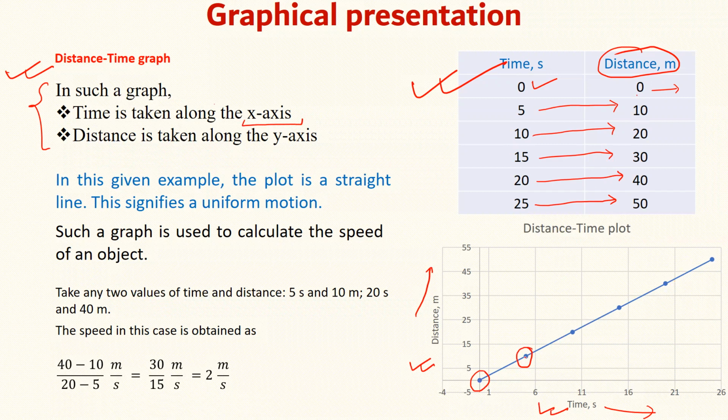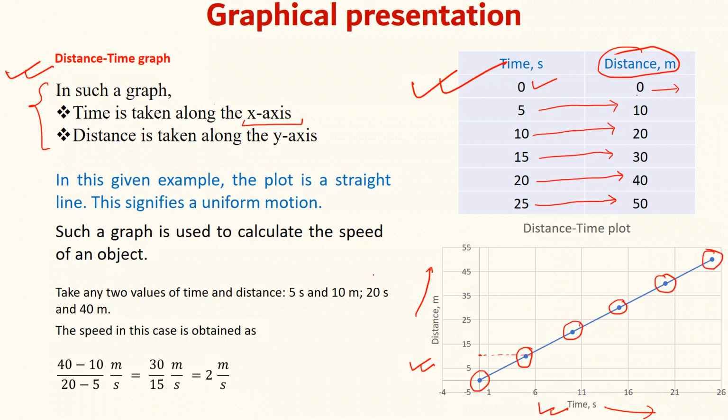After 5 seconds, this corresponds to 10 meters here. After 10 seconds it corresponds to 20 meters, and so on. We can connect all these points by a straight line.